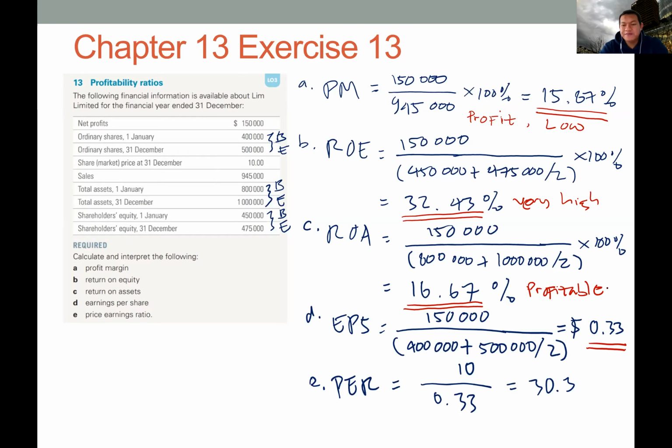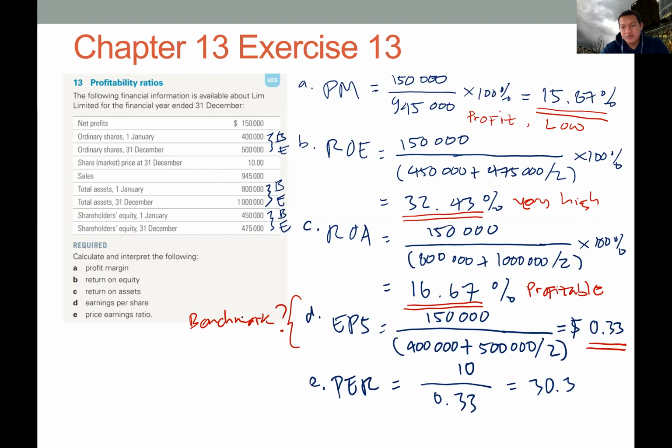Okay, and then we cannot infer whether this is good or bad because we don't have the benchmark. In order to infer whether this is an ideal earning per share or not, we have to decide our benchmark first, whether we are going to use the industry standard, the company's past performance, or even the government standard.